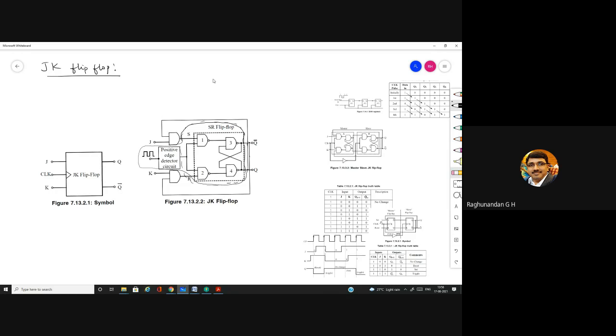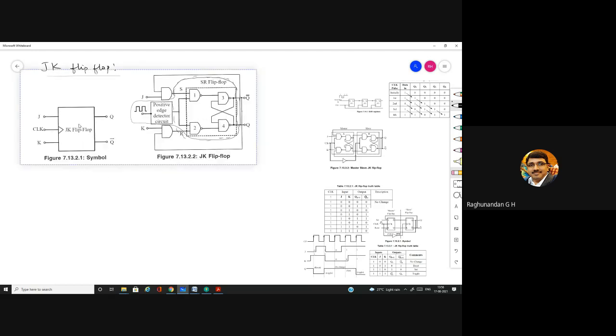In the same way here, the output of the entire circuit will be fed as one of the inputs for the AND gates. Instead of connecting the cross connection at the output side, we are doing it at the input side only. So this is the connection which we are having.